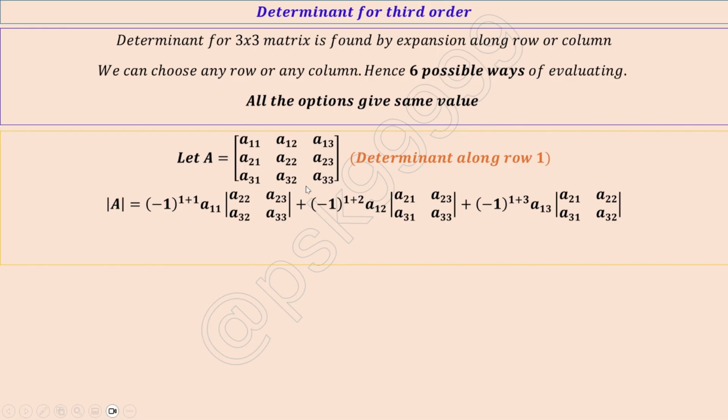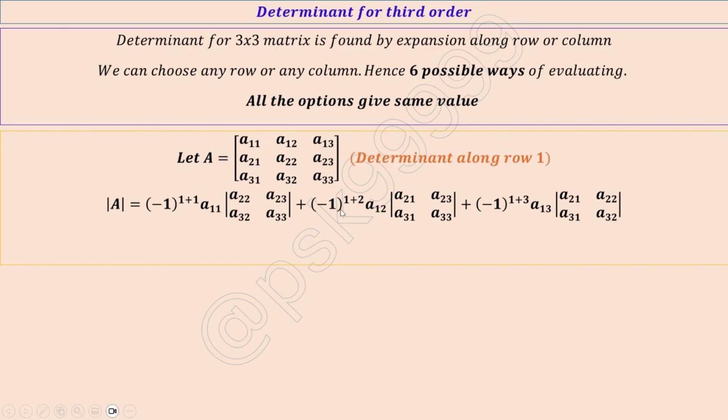I have a sub matrix here: A22, A23, A32 and A33. This determinant is nothing but A22 into A33 minus A23 into A32, correct? So multiply with A11, and then positive or negative depends on the row and column number, so plus or minus 1 to the power of the sum of the indices.